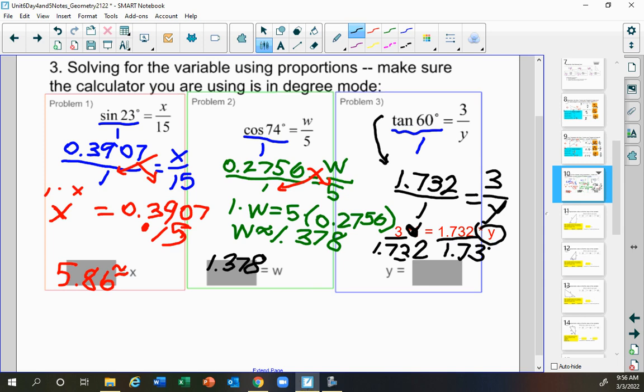It's like 1.732. Yep. As it turns out, you divide this by that, you're basically getting the same number right back. Yeah, you're getting approximately the same value right back. So don't be surprised.